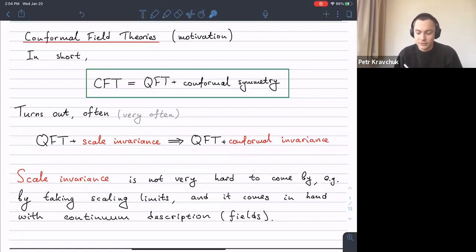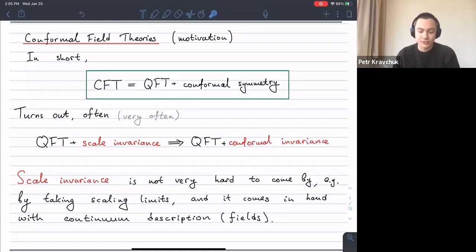This can easily happen if you take some sort of scaling limit. And in scaling limits, not only does scale invariance come out if you have some kind of fixed point, but also a continuum description in terms of field theory shows up.